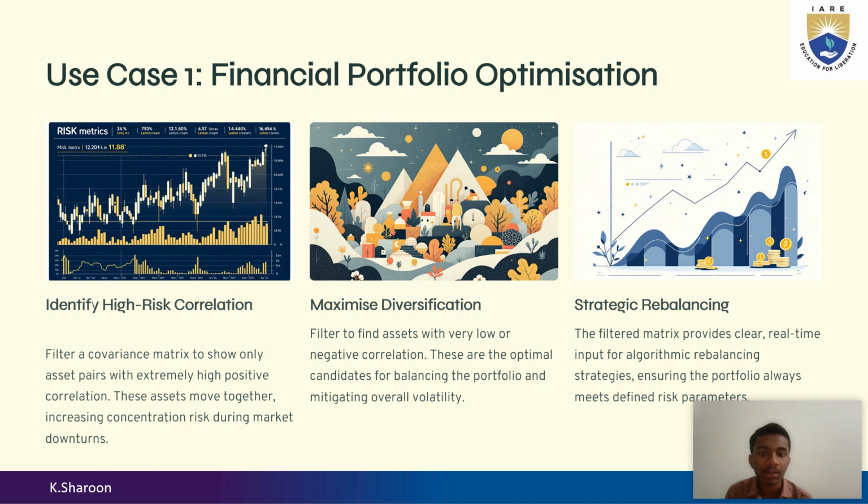Maximize diversification: filter to find assets with a very low or negative correlation. These are the optimal candidates for balancing the portfolio and mitigating overall volatility. And strategic rebalancing: the filter matrix provides clear real-time input for algorithmic rebalancing strategies, ensuring the portfolio always meets defined risk parameters.